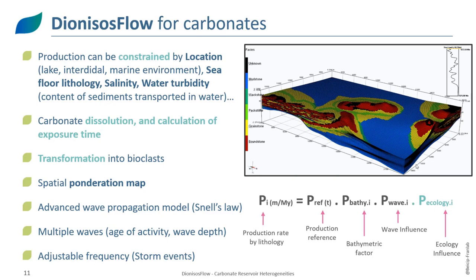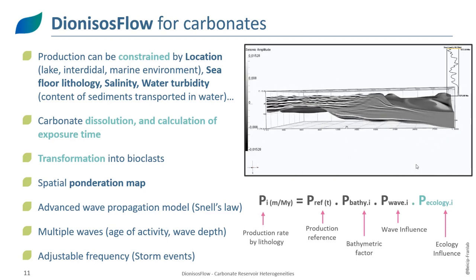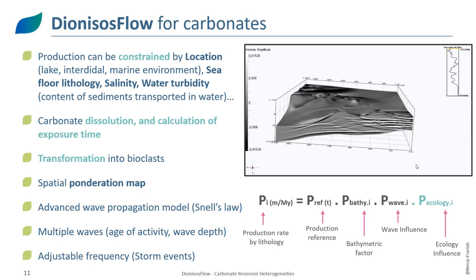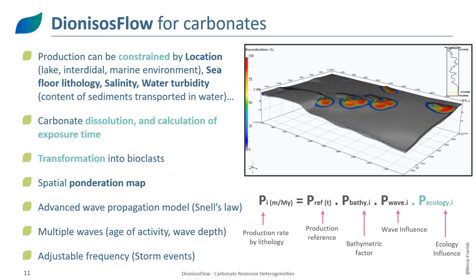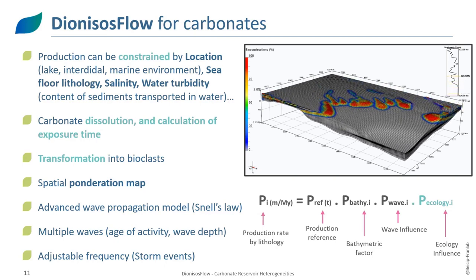So what we can do in Dionisos is we have a production rate by type of carbonate. We can have different types of carbonate, and then we can constrain that production depending on ecological parameters, bathymetry, wave energy parameters. So we can constrain to location, for example, lake, intertidal, marine environment.